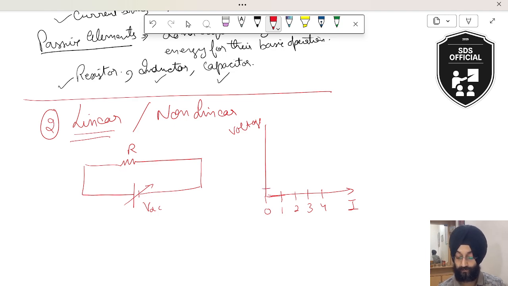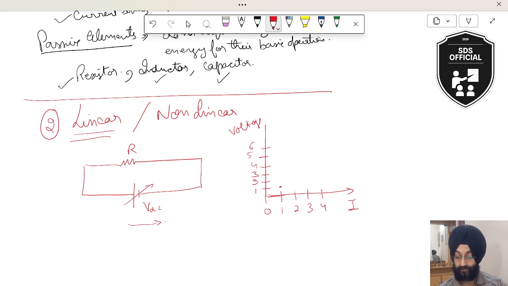Let us say the voltage is 1 volt, 2 volt, 3 volt, 4 volt, 5 volt, 6 volt. Now if we increase the value of voltage, let us say the first reading we take at 1 volt, the current will be 1 ampere. We are only assuming this, and this will not always be true, because we are just understanding what a linear device and what a non-linear device or element is.